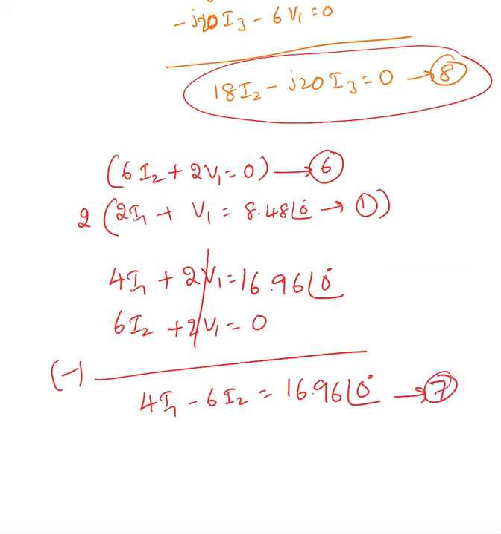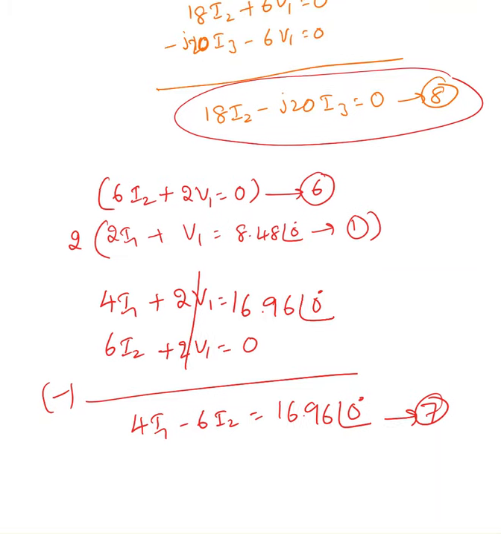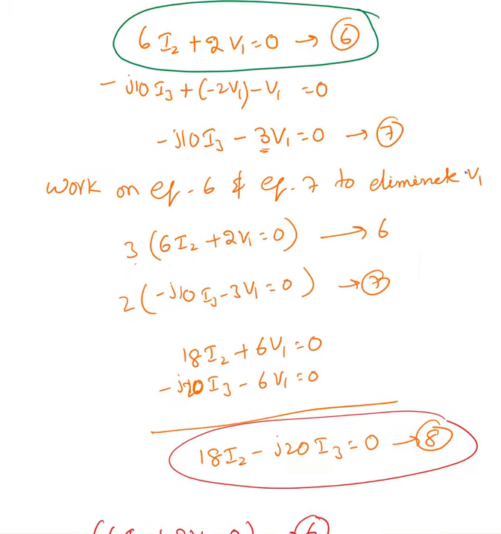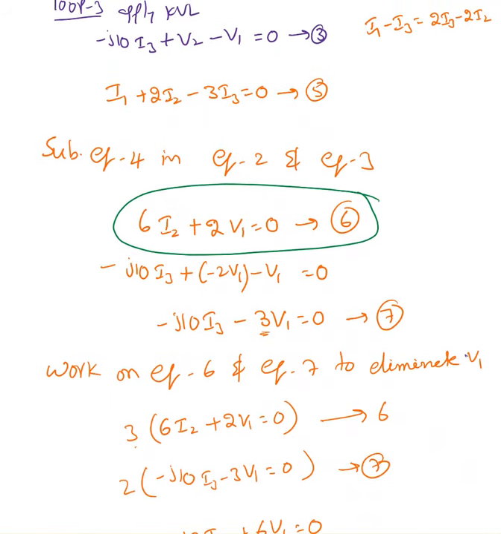Now I need an equation with I2 and I3. Here I have an equation with I1 and I2, so let me work on equation 5. If you look at equation 5, I have I1 plus 2I2 minus 3I3 equal to 0.